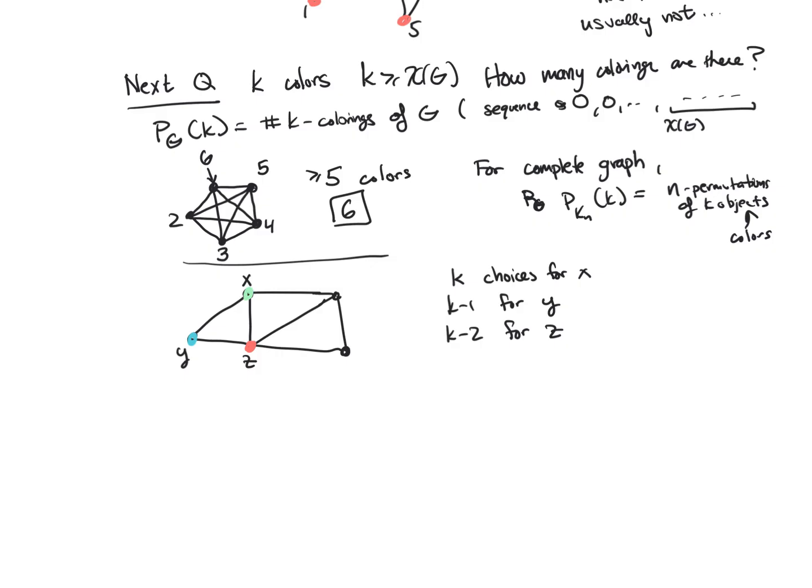And now I need to fill out everything else. If I have green and red, notice that this one can be given any choice of color except for green and red.